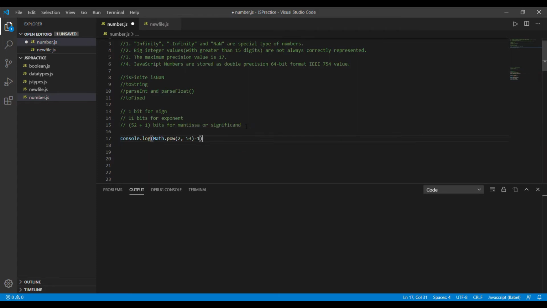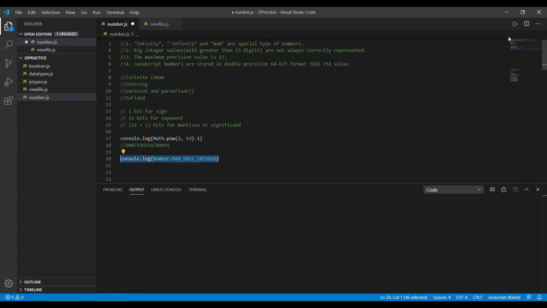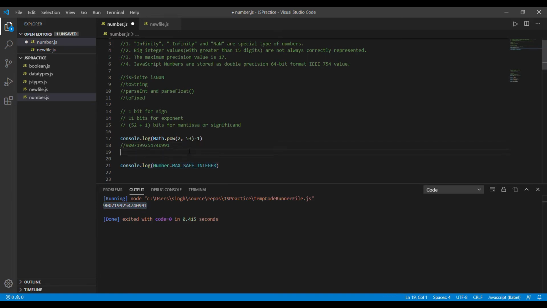And let's see, this is the value that we get. This is the maximum value that can be represented by JavaScript. And if we print Number.MAX_SAFE_INTEGER, this is the same value we will get. Okay, so these two values are the same.